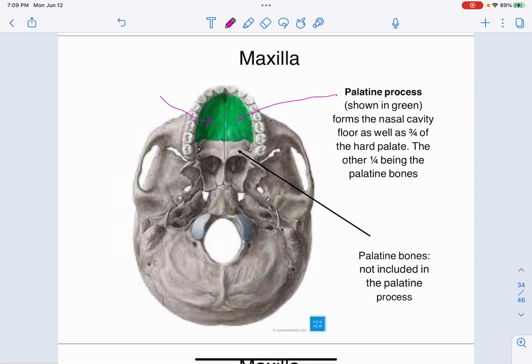The other portion is called the palatine bones. These are not associated with the palatine process or the maxilla. These are separate bones. Okay, so when you're looking at the maxilla, you want to focus on the area that is closest to the teeth here.